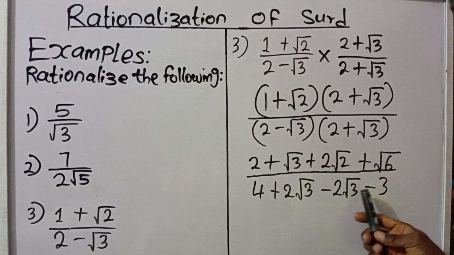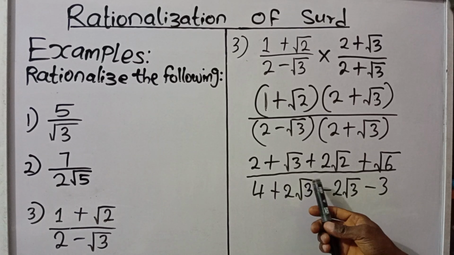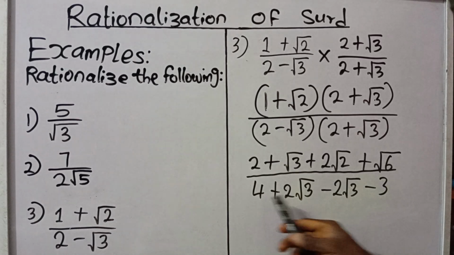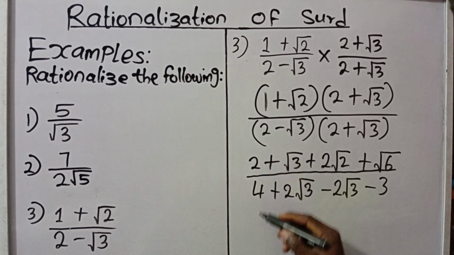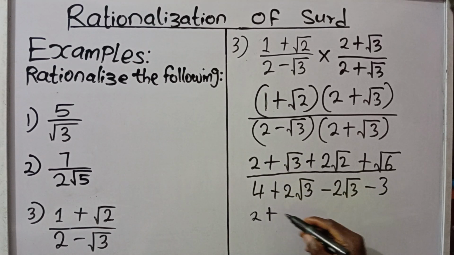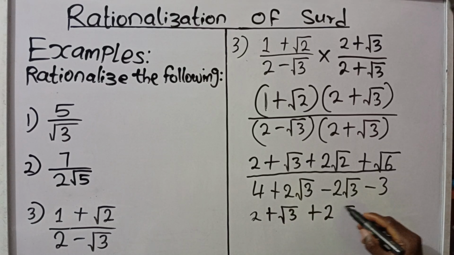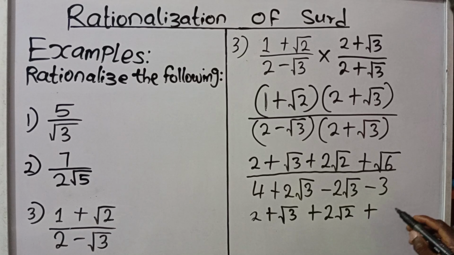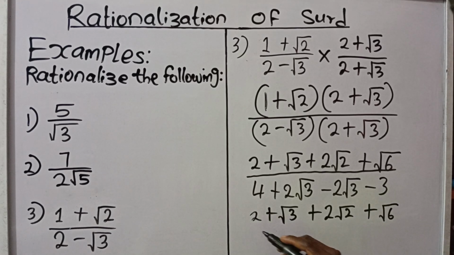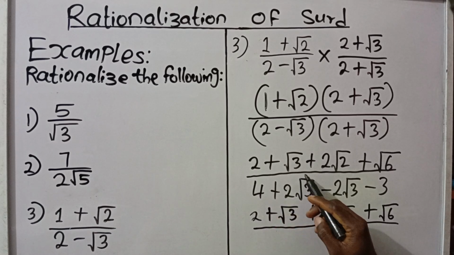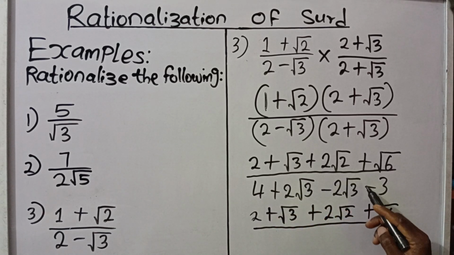But when you look at the denominator, you find out that 2 root 3 and 2 root 3 are the same, and these ones are whole numbers. So we now have it as 2 plus root 3 plus 2 root 2 plus root 6 all over here. 2 root 3 minus 2 root 3 will give us 0.